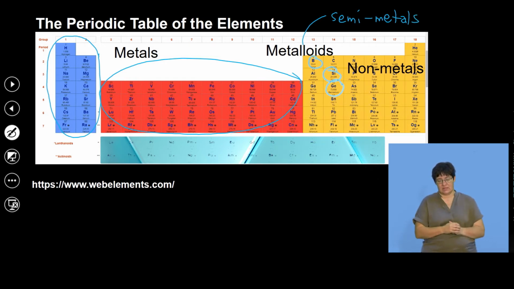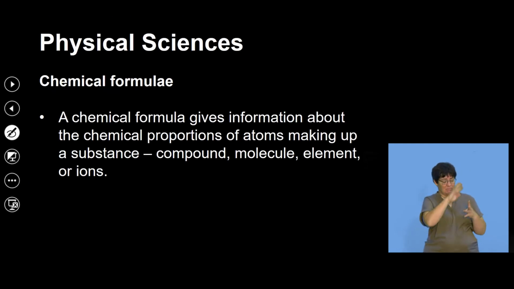So the words semi-metals and metalloids can be used interchangeably to refer to the same classification of elements. And then further to our right, we've got non-metals, okay? These are elements like your bromine, chlorine, you name them. But our focus is not actually on the periodic table, but on the chemical formulae, okay?